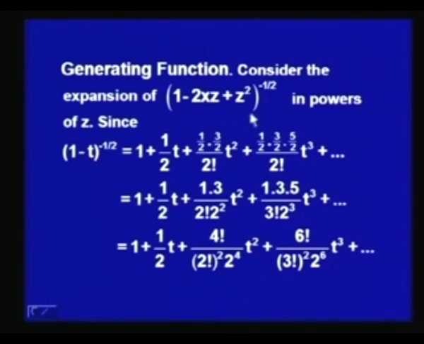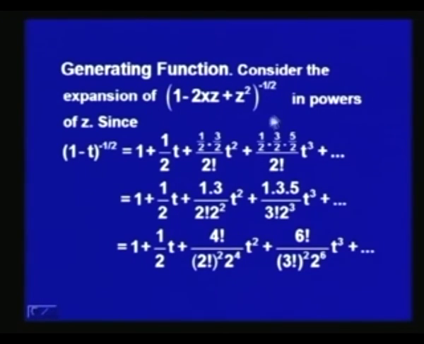When we expand this function in the powers of z, the coefficient of z to the power n gives us the Legendre polynomial P n x, or you can say the Legendre function of the first kind. So it may be called a Legendre generating function.